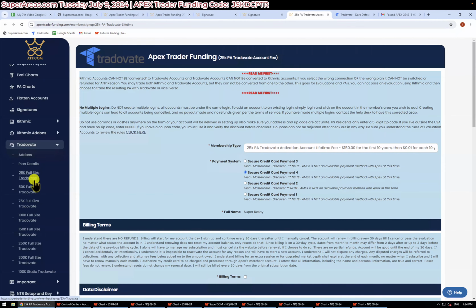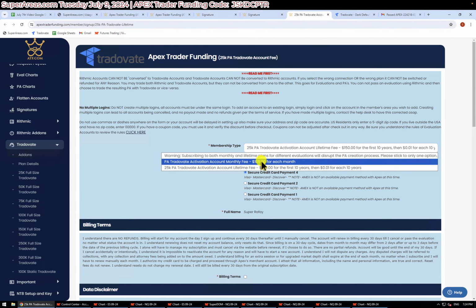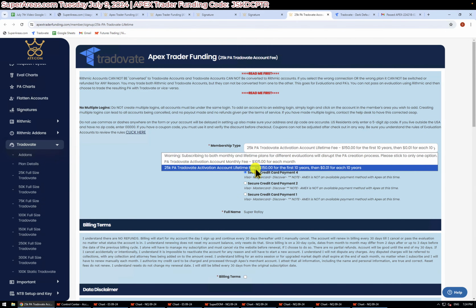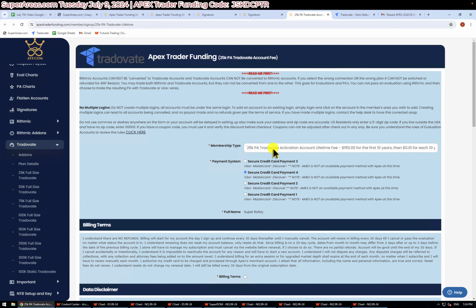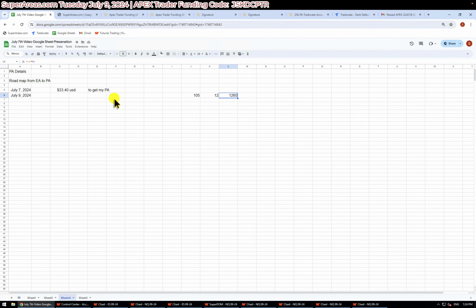On a smaller account, the difference is so little that you should always pick the one-time fee. If you lose this PA account, you will lose $150, so the difference is only $45 US. Better to get the $150. So today I will pay $150 USD. This is an EA fee, and then PA number one activation.